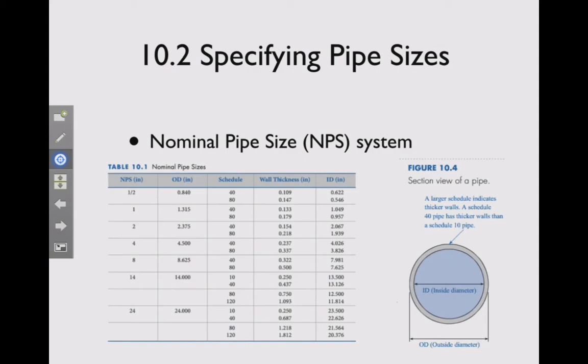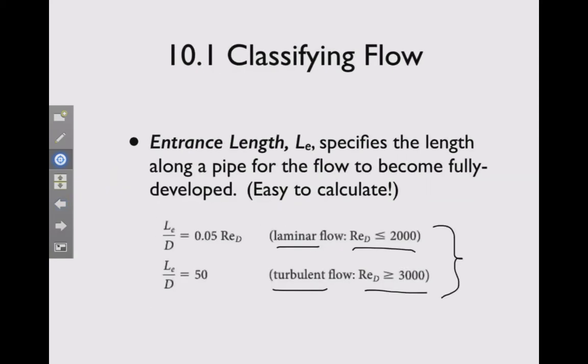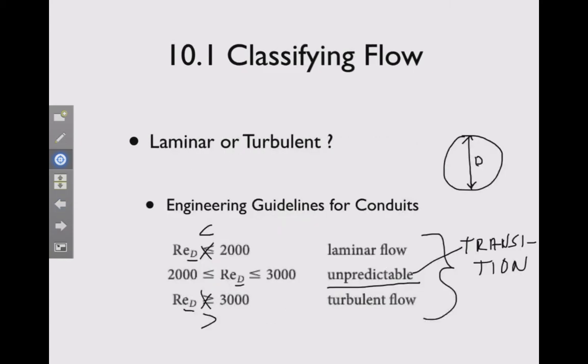The final thing I want to say is that we need to have a way of specifying pipe sizes. Since the Reynolds number depends on, let me just also state what the Reynolds number is. I did not write this down, but as usual, the Reynolds number is going to be the velocity times the diameter over the kinematic viscosity.